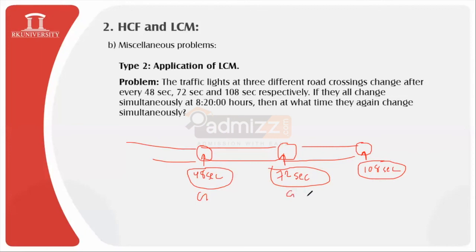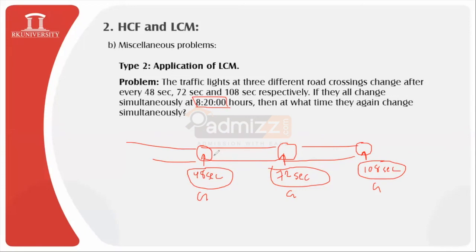Similarly the green is over here and green is over here, and the time at which all three traffic lights are green is 8 hours and 20 minutes. So at this particular point of time, all three traffic lights are green. What is the next instance at which all the traffic lights will be of the same color, that is green?